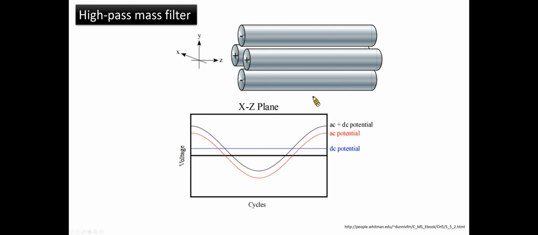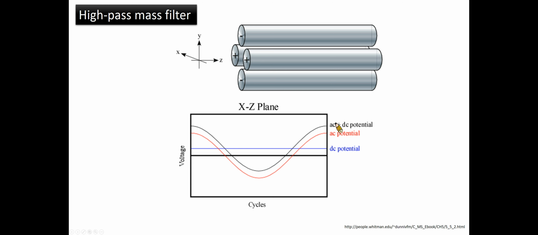Now imagine that a positive DC potential is applied to the rods in the XZ plane. This positive DC potential alone will focus all of the ions toward the center of the pair of the rods.